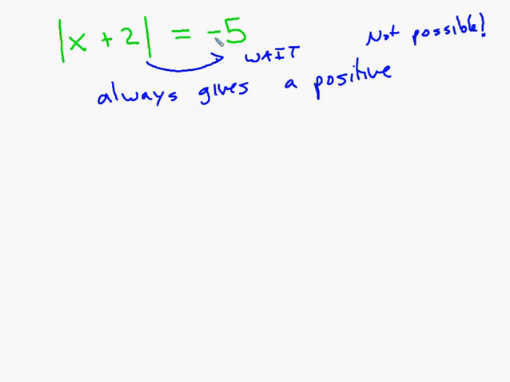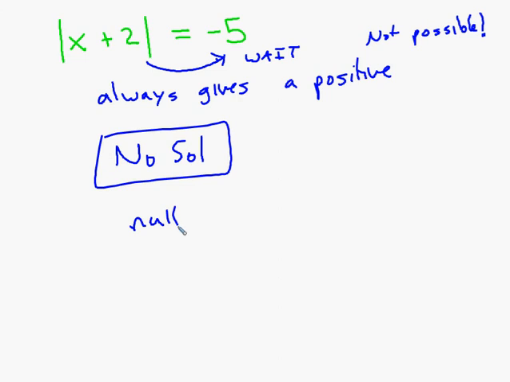Now, if you have a sharp eye and you catch that, then you're very thankful, because all you have to write is no solution, or null, or whatever you want to write. No solution. This does not work. And then you have no work to do. Done. Now your book might be more tricky about that.